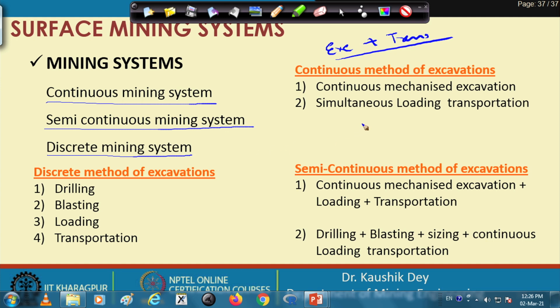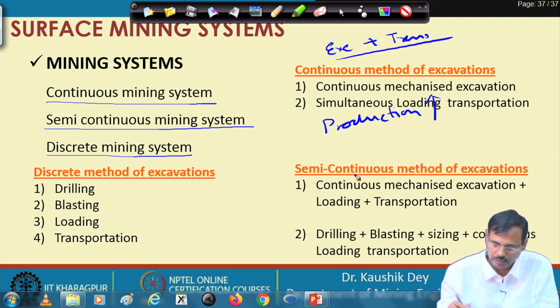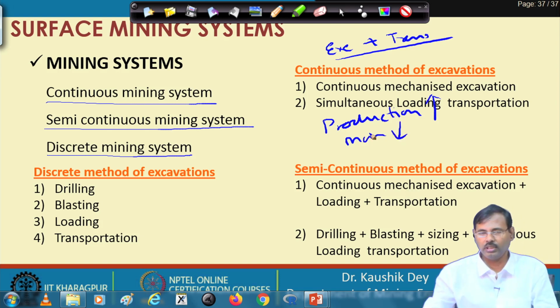The benefit of the continuous mining is that the production rate will be very high. You will obtain a very high production rate, and your productivity is also very high, because your manpower requirement is less.